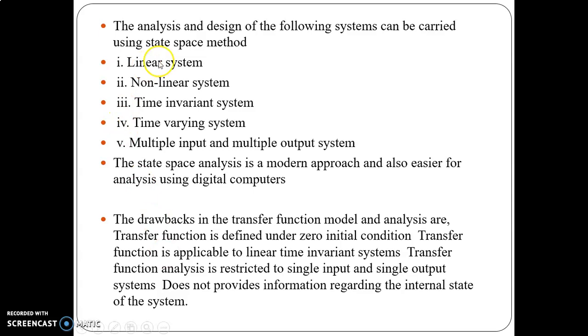But the state space analysis method can be applied to different systems like linear, non-linear, time invariant, time varying, and multiple input multiple output systems. The transfer function is applied only to single input and single output systems. So state space analysis is a modern approach and also easier for analysis using digital computers.